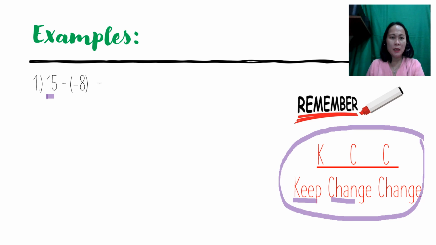So we have to keep 15. We have to change negative into positive. Negative 8 becomes positive 8. Then apply the rule in adding integers. So we have 15 plus 8 is equal to 23.